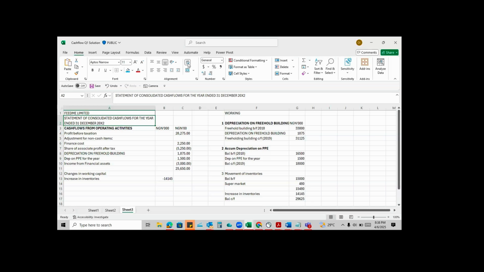When your inventories reduce, it means you have sold your inventories and you would have received cash. So your reduction in inventory should be a cash inflow, while an increase in your inventory should mean cash outflow. The same thing is applicable to receivables. If my receivables increase, it's majorly because I have given out cash or I have given out inventories. But if my receivables reduce, then it means I must have received some money. All right. So that is the whole idea.